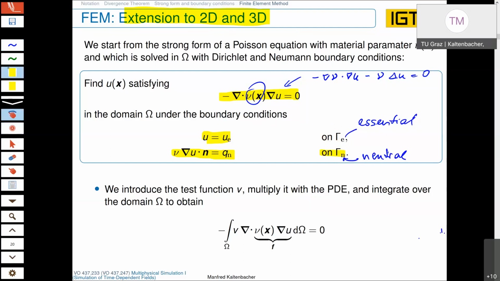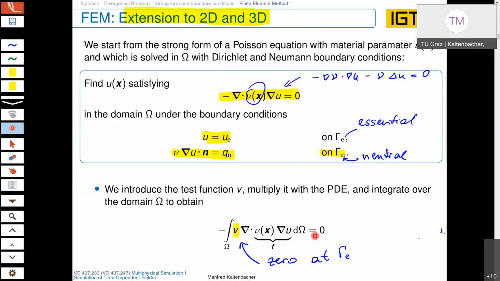Okay, now let's jump in. As I have told you, the same as in 1D, we have a test function, again 0 at the essential boundary condition, because there we are not interested in our solution because we already have the solution. We multiply this test function with the partial differential equation, and since the right hand side is 0, this is equal to 0.